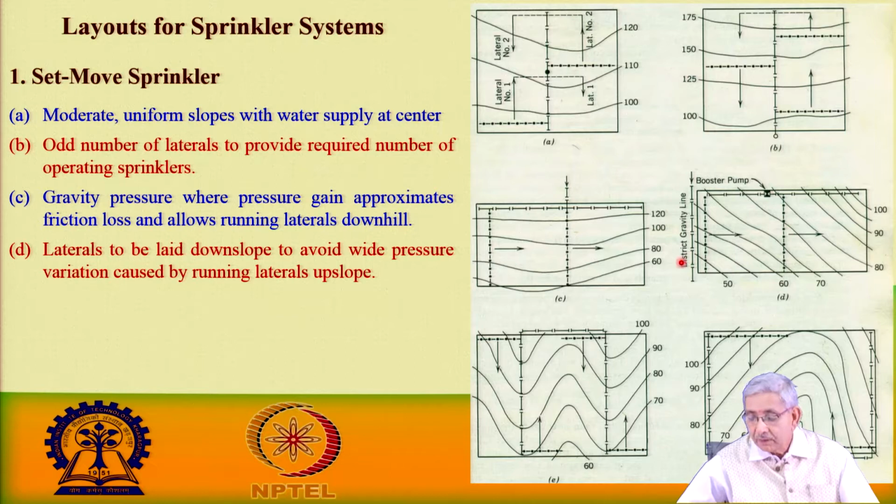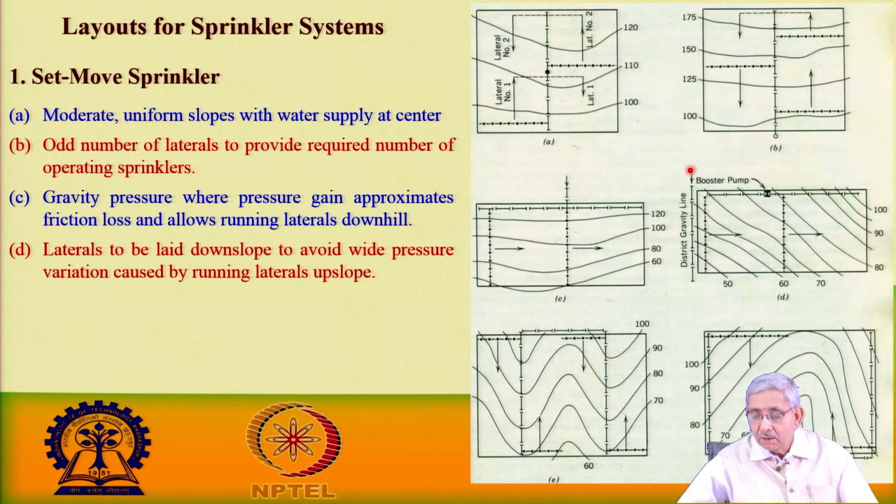Here you can see these are the contour lines, 50 to 100, and then this is the main pipeline, and then the water is supplied.